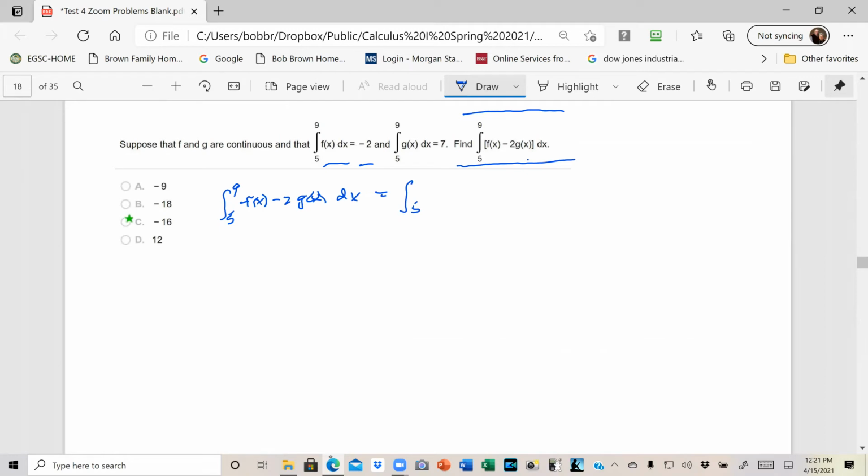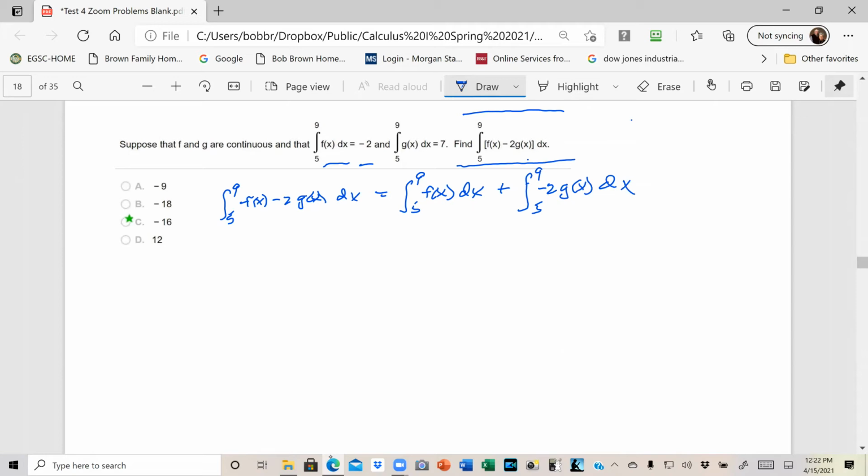first, the integral from 5 to 9 of f of x dx plus the integral from 5 to 9 of minus 2g of x dx.